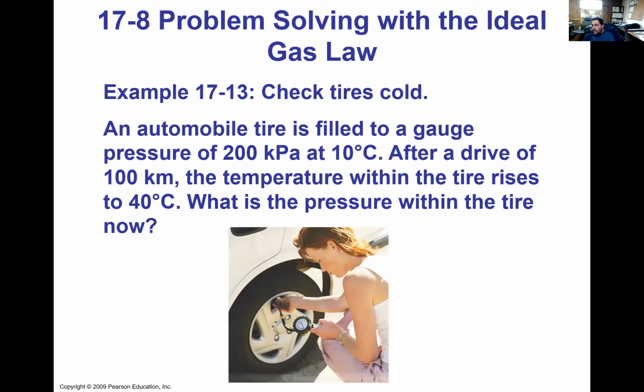A lot of newer cars have sensors on them that tell you when the tire pressure is going down, okay? And they're calibrated such that if you have a slow leak, you know about it before you end up with the tire blowing out and creating a possibly dangerous situation.